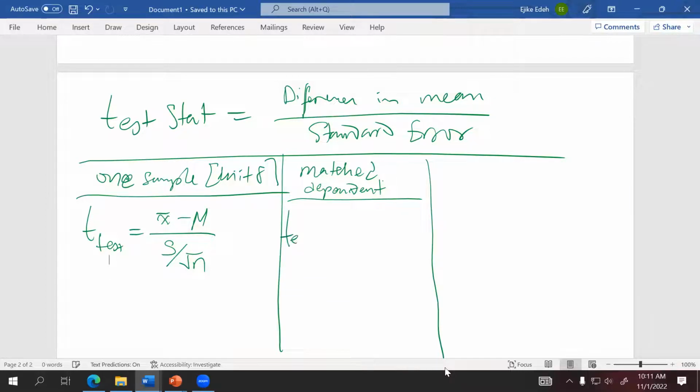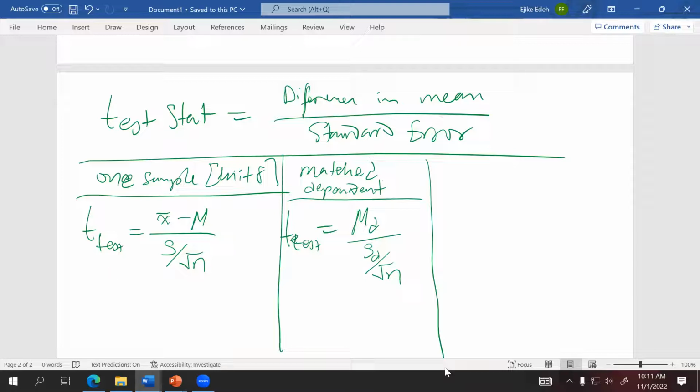Our test statistic is the mean of that difference, divided by the standard deviation of the difference all over square root of n. Okay, so again, on the top is the difference in mean, all over standard error.